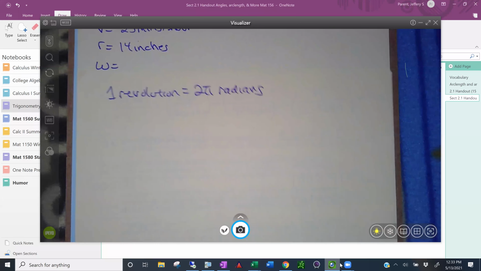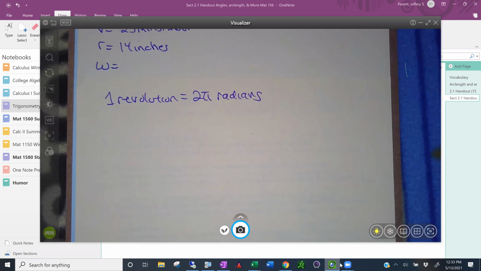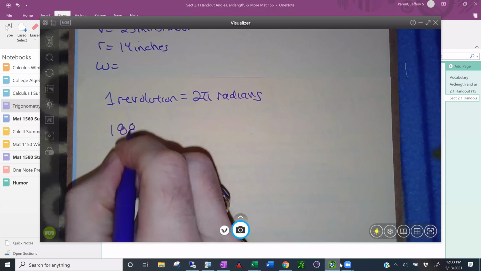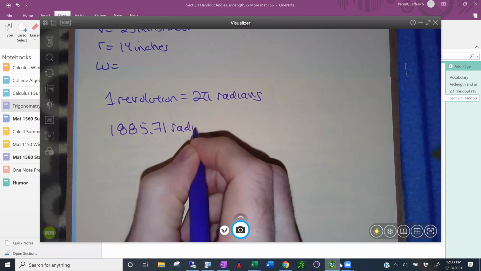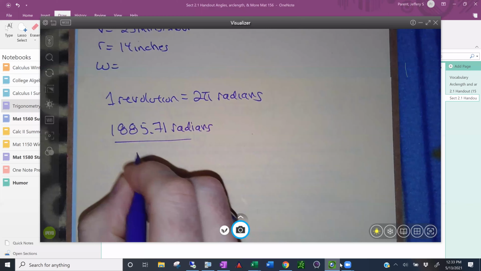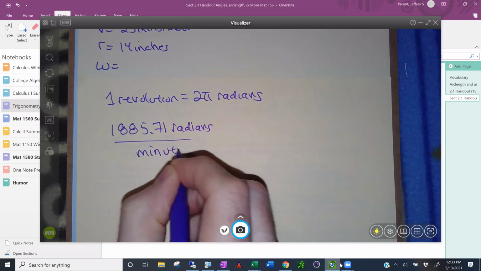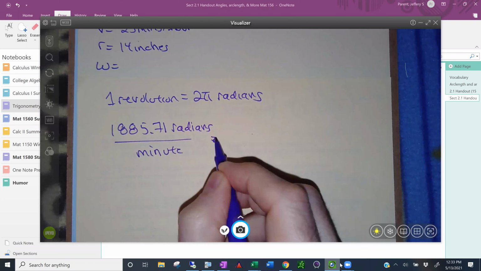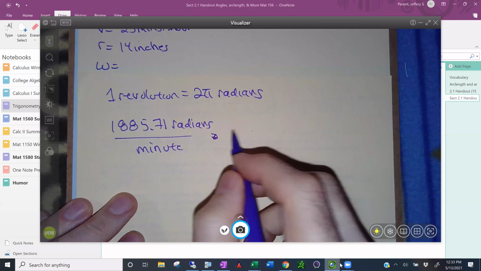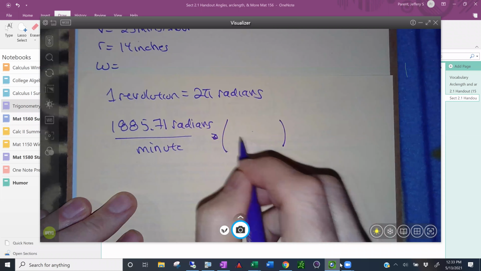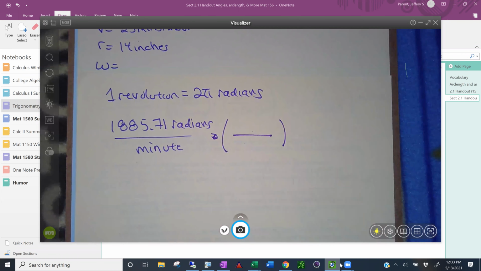So in particular, for this problem, I've got 1885 radians per minute. And I'm going to play this game of multiplying by 1 last time. We're going to use this relationship right here.